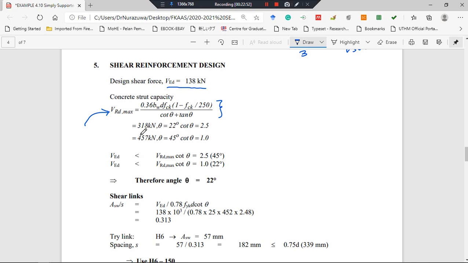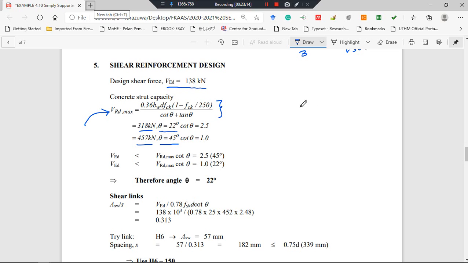Based on 22 degrees, the shear resistance is 318. And based on 45 degrees, the theta code is 1, so the shear resistance is 457.